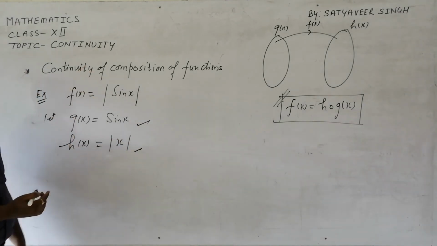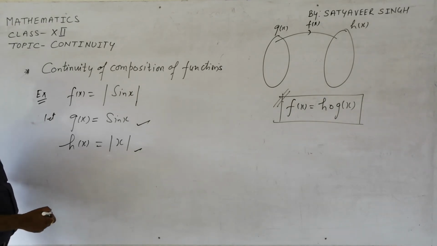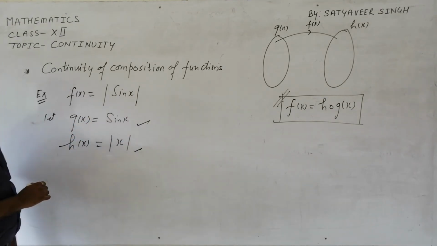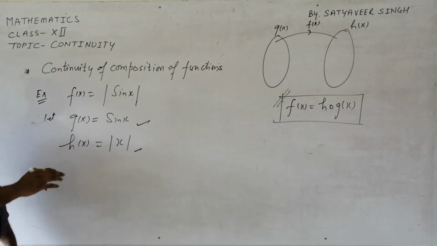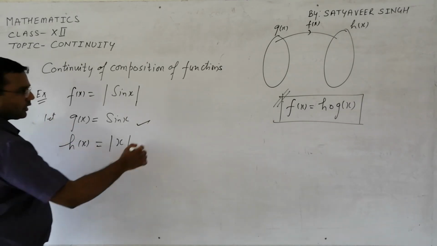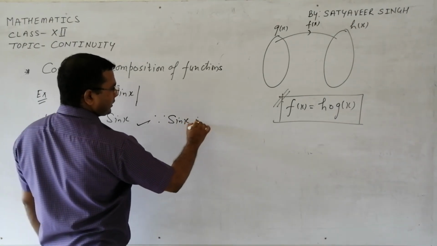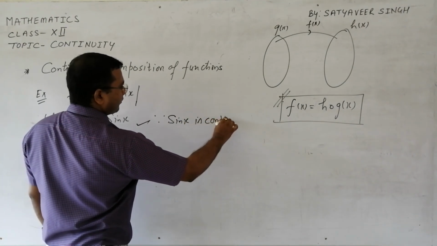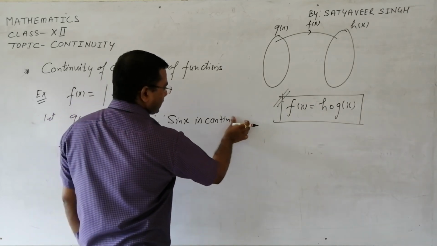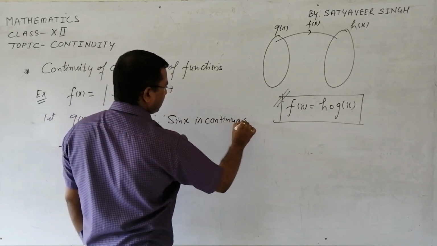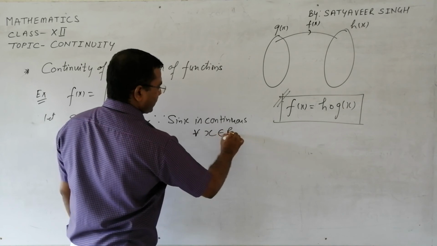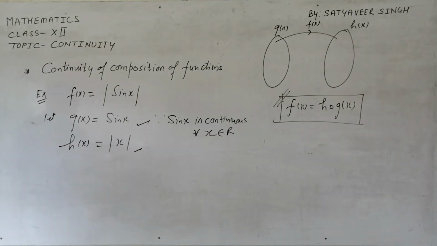Just in short, in the previous lecture I discussed sin x. Sin x is a continuous function for all x belongs to R. So you can write, since sin x is continuous for all x belongs to R. What about modulus x?